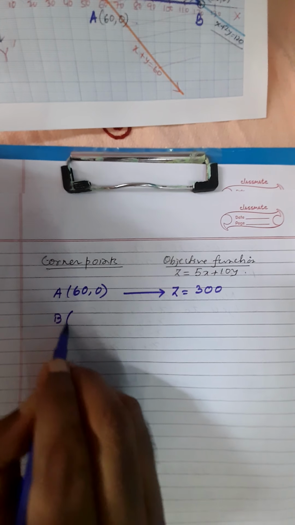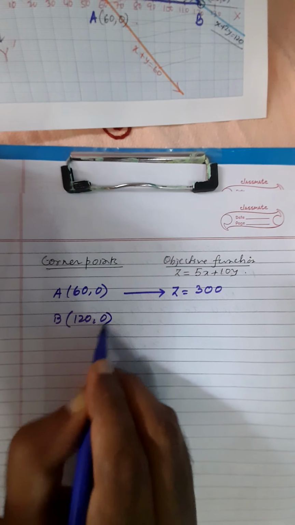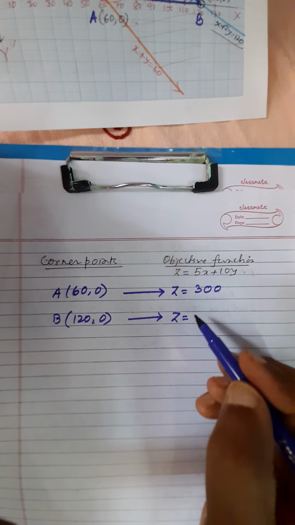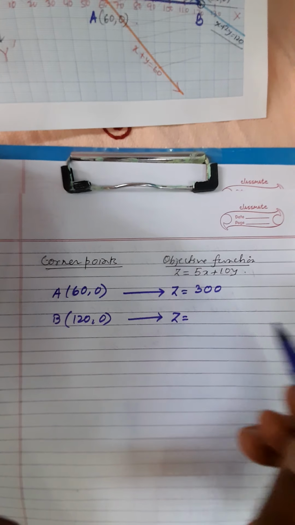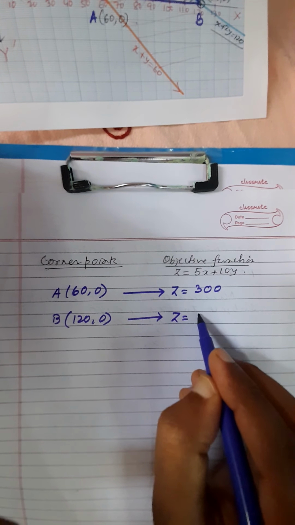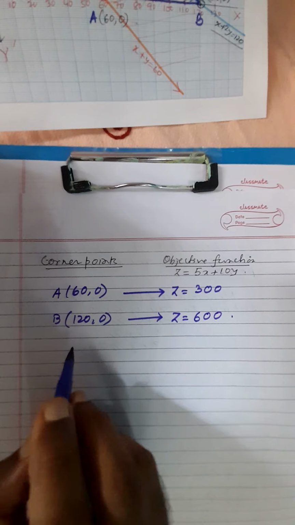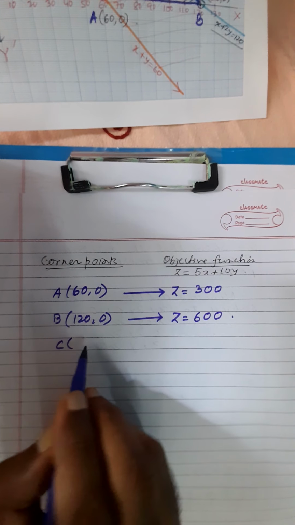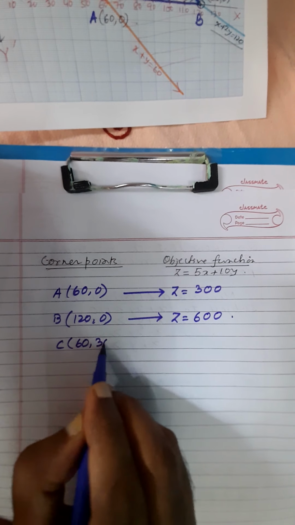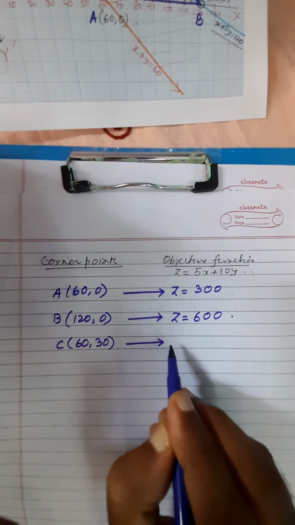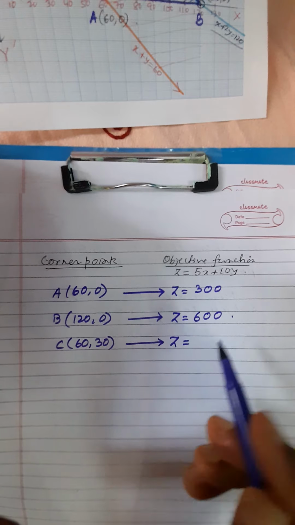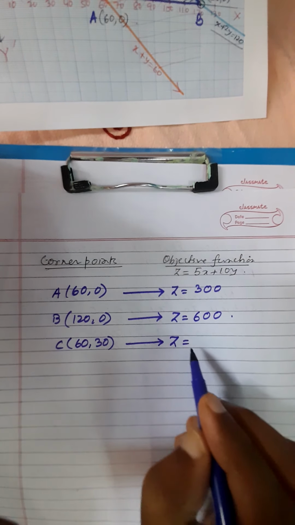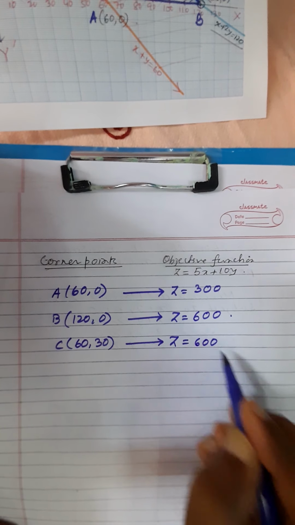B is (120, 0): the value of z is 600 plus 0, that is 600. C is (60, 30): z is equal to 300 plus 300, that is 600.